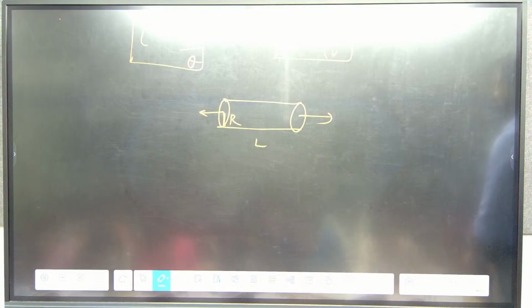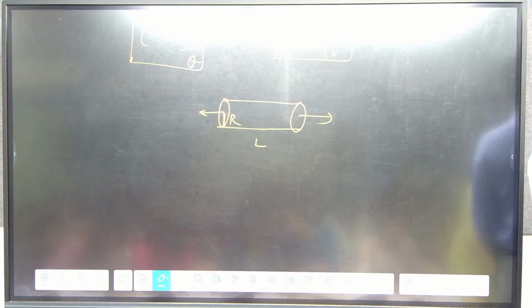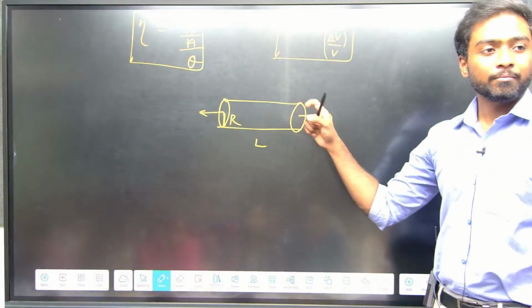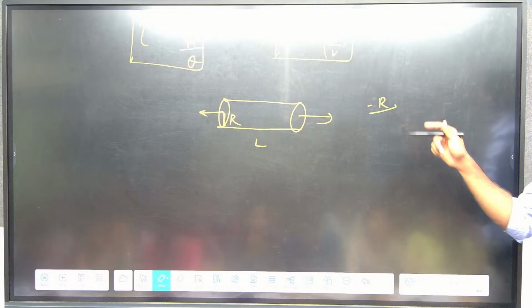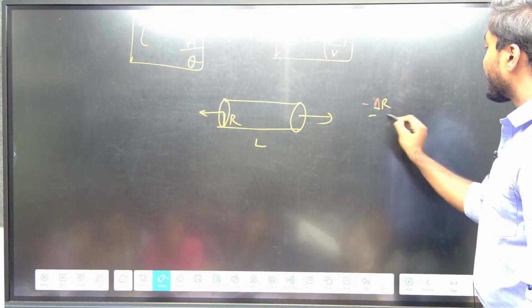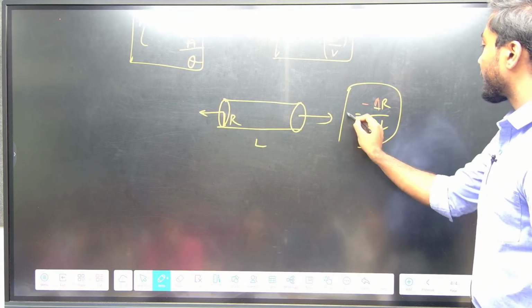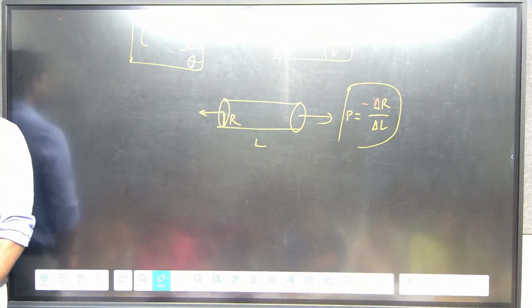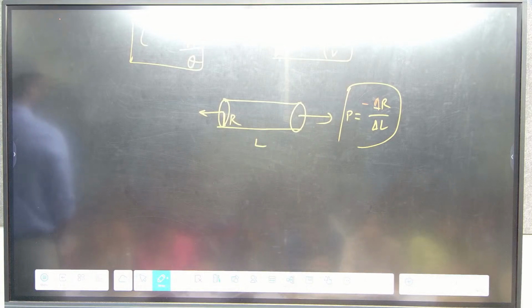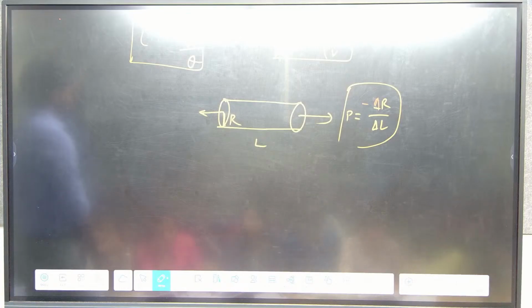Lateral is decreasing, so minus delta R by R. Longitudinal is delta L by L. So Poisson's ratio is minus delta R by delta L. What is the SI unit of this? No SI unit, no dimension.